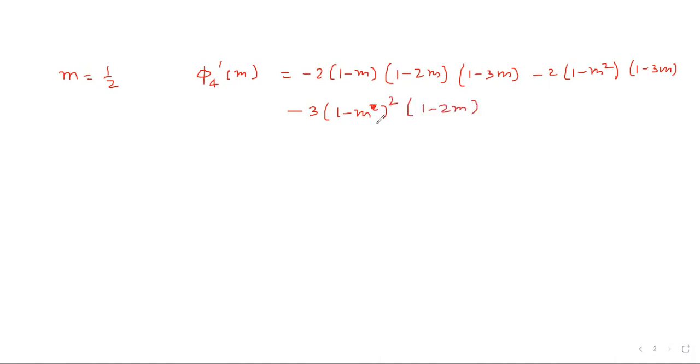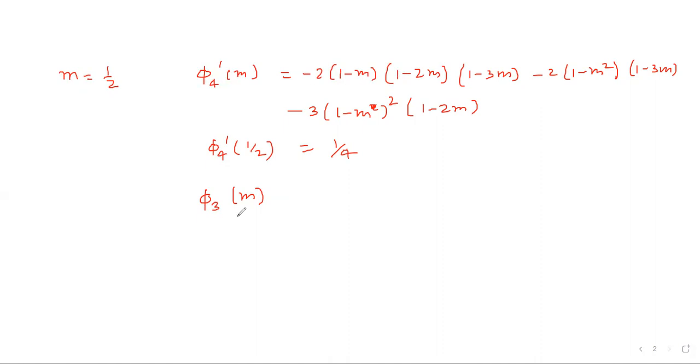Here we are going to put m equal to half. So when we put m equal to half, so phi 4 dash half, we evaluate. So it will become 1 by 4. You can do the calculation. And we find phi 3m for same value, means for m equal to half.